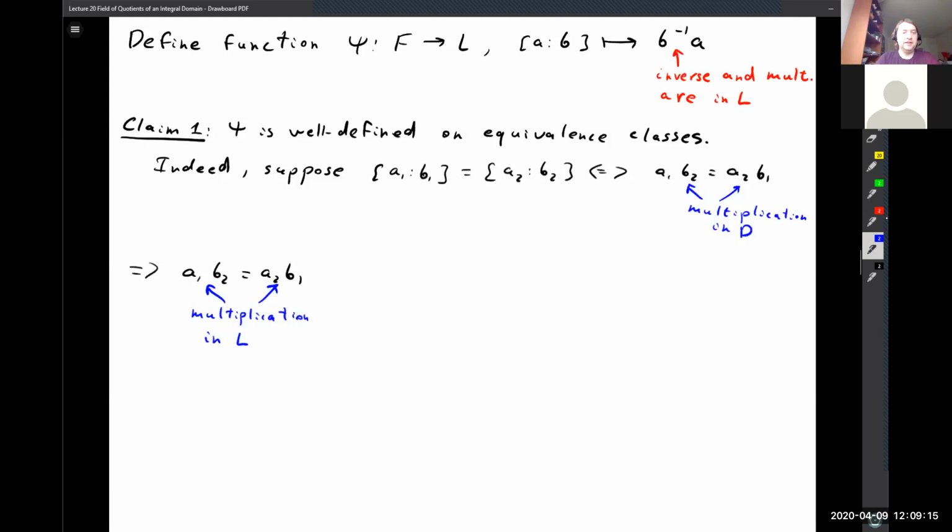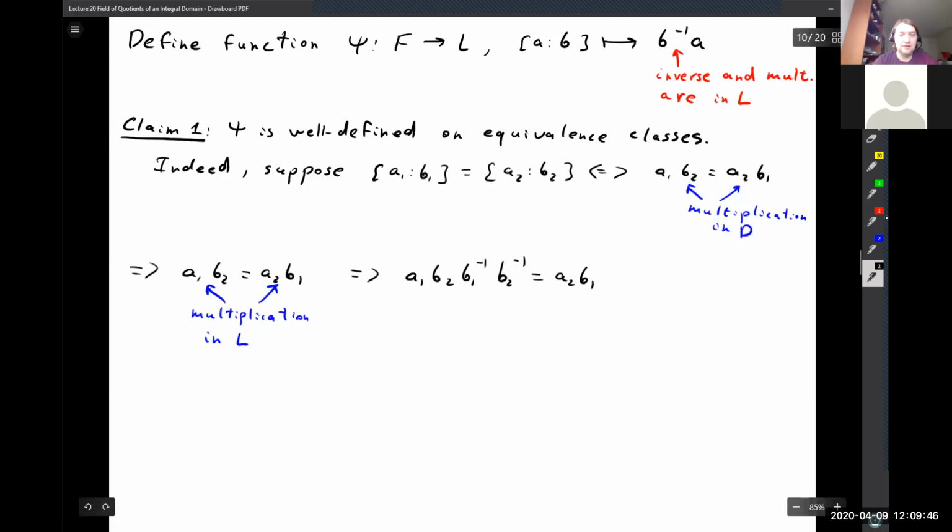Well, but in L we have inverses for all non-zero elements, right? And B1, B2 are non-zero because for the fractions we never allow the second element to be 0, so we can invert them. So we can look at A1 B2 and we need B1 inverse, B2 inverse. Let's multiply both sides by B1 inverse, B2 inverse.